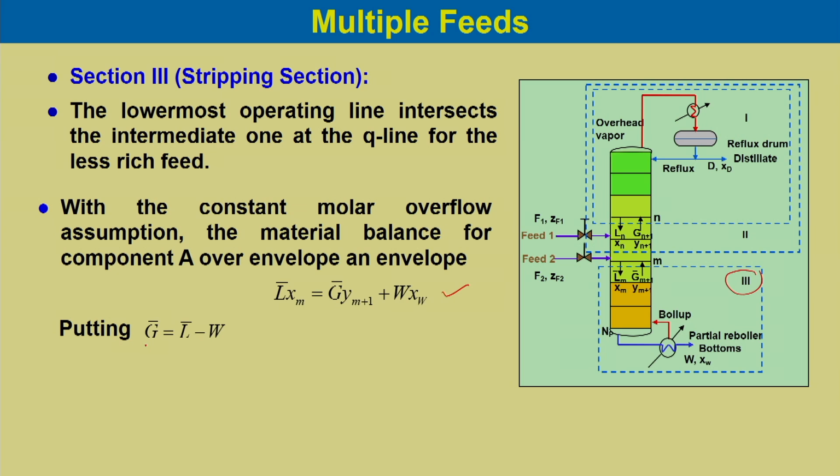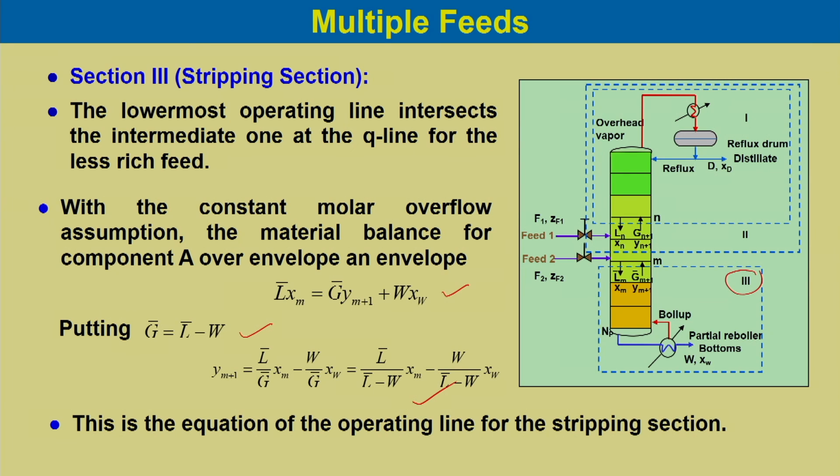Now we can put G bar would be equal to L bar minus W, as we have done for the stripping section earlier. So, if we substitute over here, the stripping section operating line equation would be y m plus 1 is equal to L bar by L bar minus W x m minus W by L bar minus W into x w.